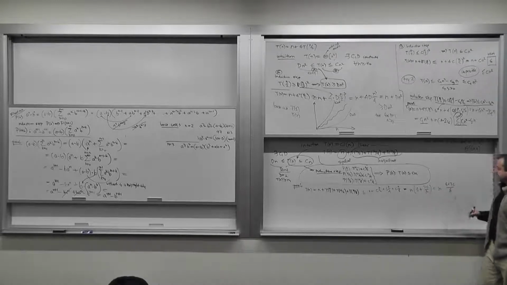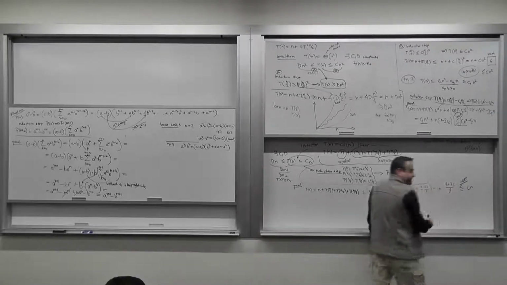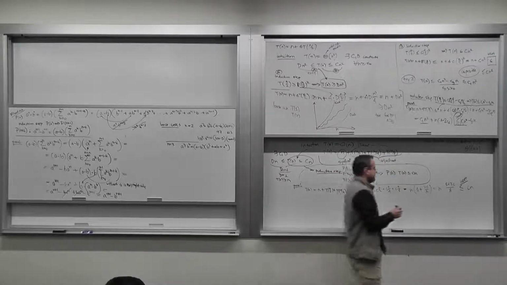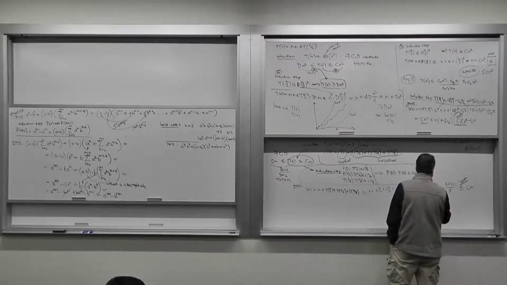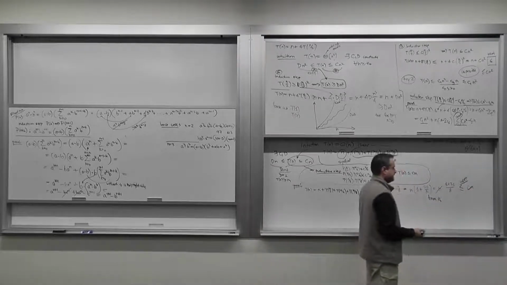Now what do we want? We want this to be smaller than what? Cn. So this is not something I know, this is something I want. What would it take for that to be true? n goes away with n, right?